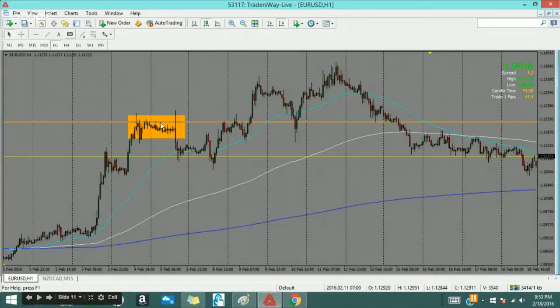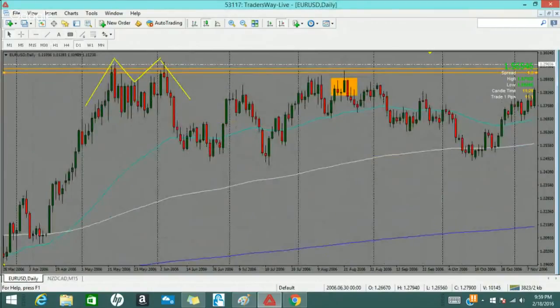Okay, so right here, consolidation period, I would put a resistance or a line on the body of the highest candle, in a consolidation period. All right. Hope you guys understood that. Pretty simple. That's an example of consolidation.